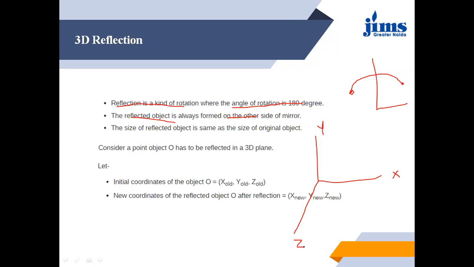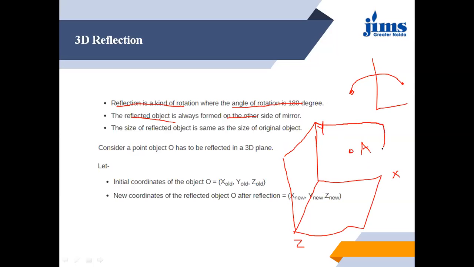Now when we have to reflect this object A, instead of an axis, as we were doing in 2D, it will now reflect with respect to a plane. Suppose this is the YZ plane, this is the XZ plane, and this is the XY plane.